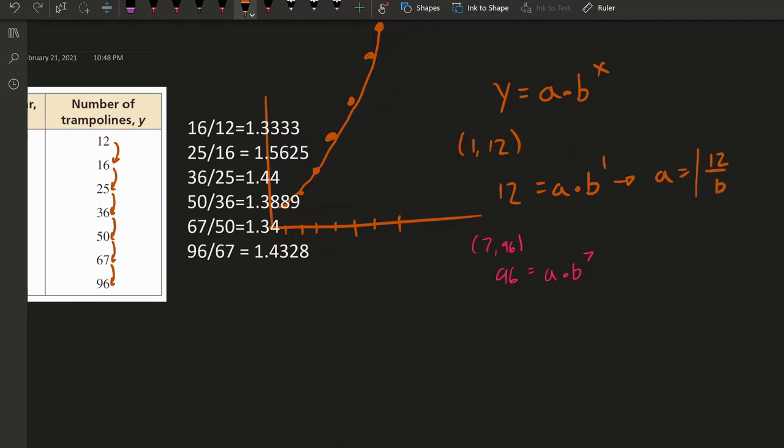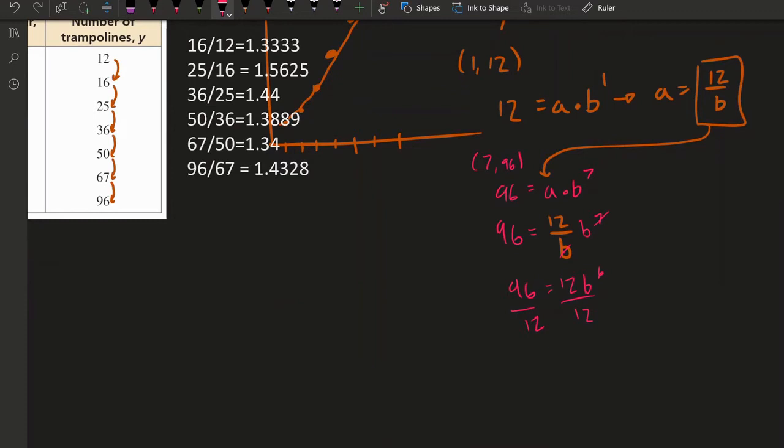I'm going to take that value and substitute it in over here for a, so I would get 96 equals 12 over b times b to the 7th, and then I can solve that. Now, this b is going to cancel out one of these b's, so I would get 96 equals 12b to the 6th.